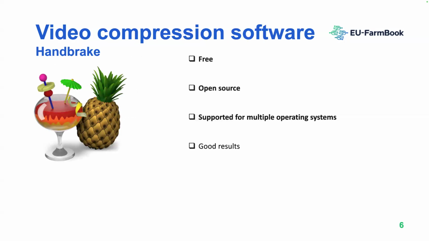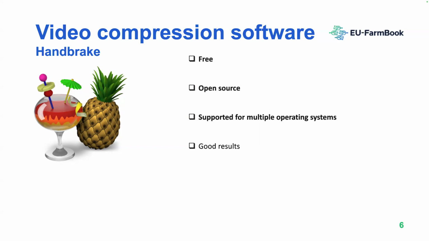Now, when we look towards the video compression software, the one that we are suggesting for the moment, but you are very welcome to use any kind of other software, is Handbrake. So why do we recommend Handbrake? First of all, it's free. It's open source. So that means that you can easily download it. It's available everywhere, and it's supported over multiple operating systems.